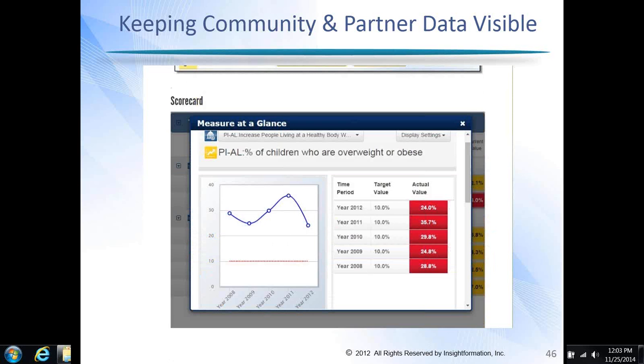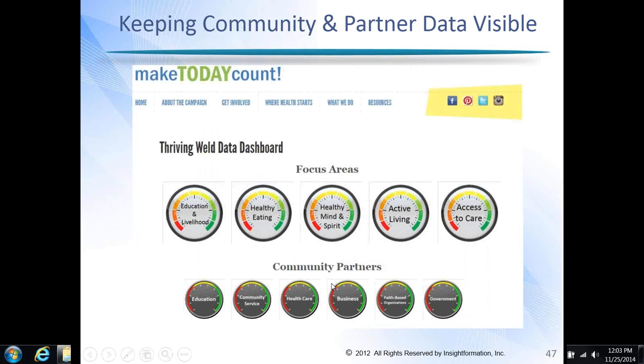It's shared, and it's not a matter of each organization creating a report for their funders that nobody else sees, that pulls together numbers, that is really focused on helping them look good and get their funding renewed. This is saying, nope, this is our community data that we're all working on. And different community partners have their own scorecards that show their contribution. By clicking in here, we can see the different healthcare providers, see the objectives and measures that they're focusing on.